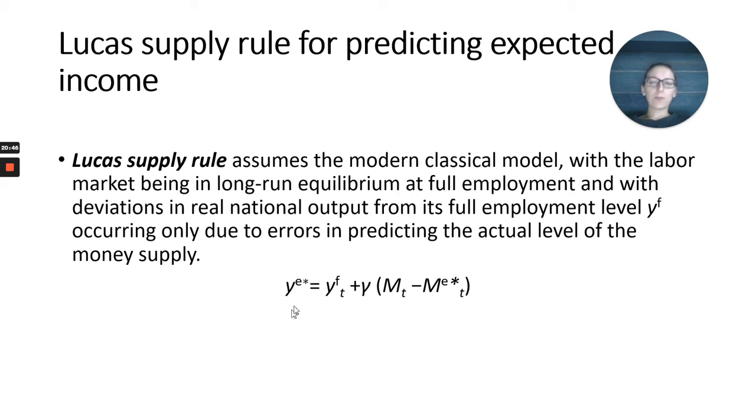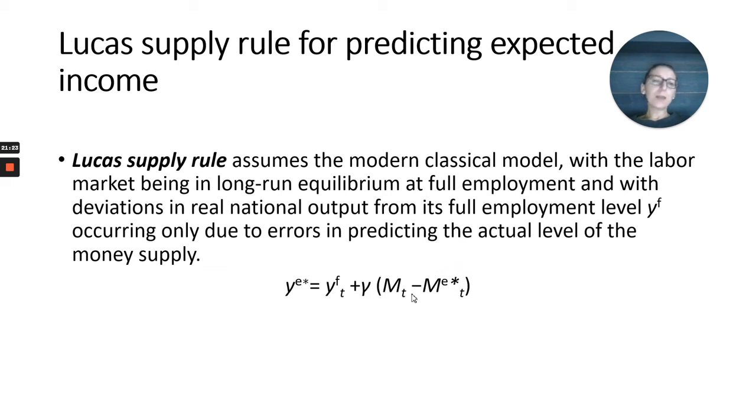So it says that the expected income should be equal to the natural income level, output at full employment, which is the medium run equilibrium, with possible deviations which may happen if the policy of the central bank is not very accurate, so that the actual level of money supply deviates from the equilibrium level of money supply.